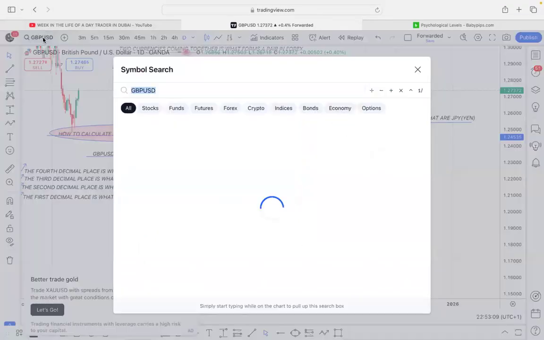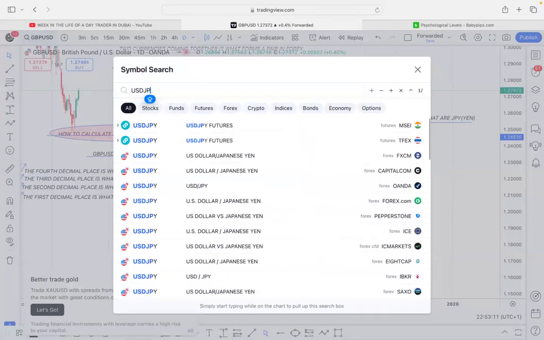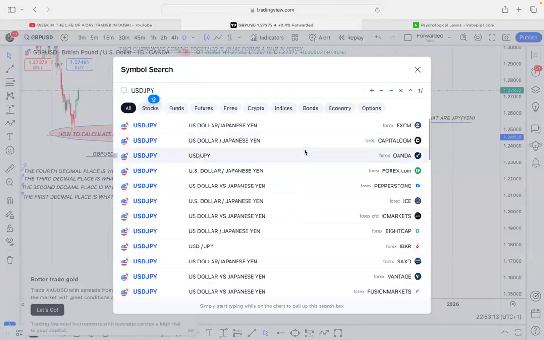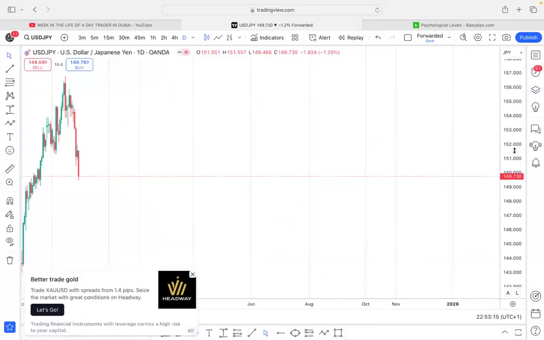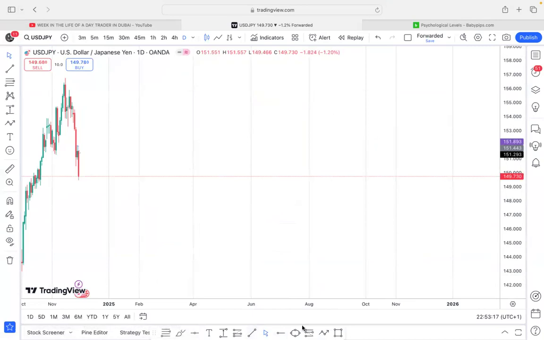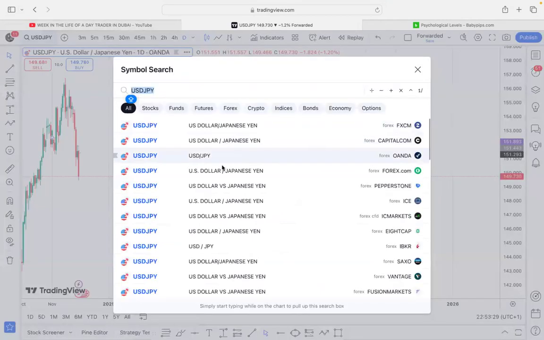Look at where the market closed. The current market price is 149.73, 149.730. Let's go back to our charts.